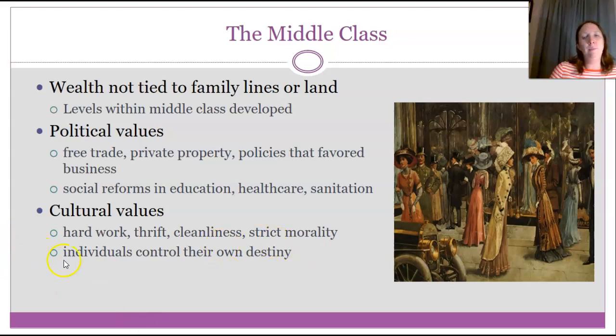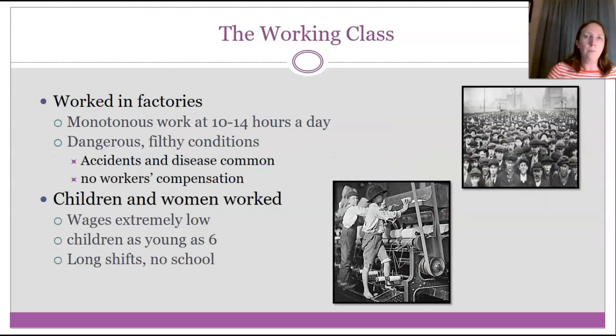And the middle class typically believed that individuals controlled their own destiny, and if they made it to the middle class or upper class, it was because of hard work and education and skill, and that if you were in the lower class or if you were poor, it was probably because you didn't work hard enough or you didn't get the proper education. Okay, so to some extent, some things never change. But that being said, this was definitely its own kind of separate era than what we experience now, of course.